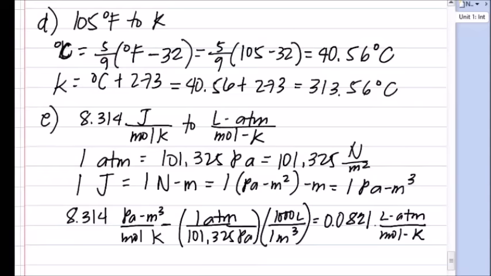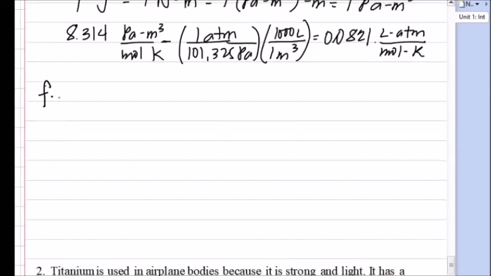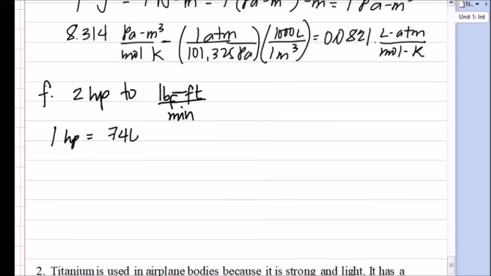Okay. So, para dun sa ating susunod na problem na letter F, we have the given there 2 horsepower to pound foot per minute. Ito yung mga kailangan natin i-take na conversion. As you all know, 1 horsepower is basically 746 watts, a unit of power.